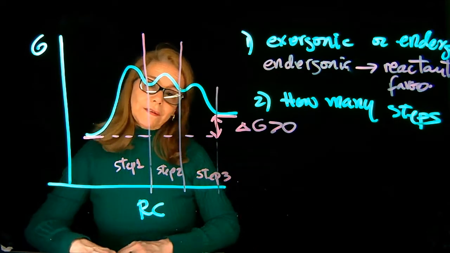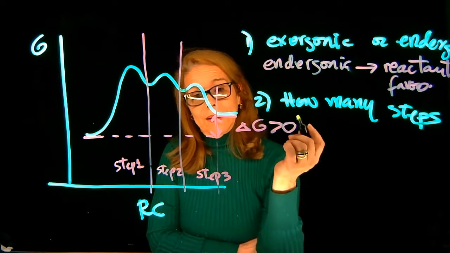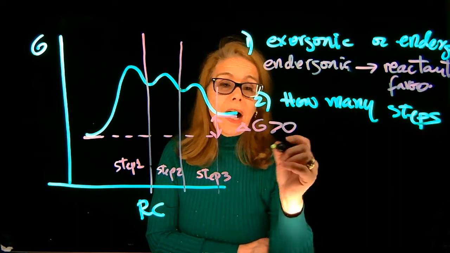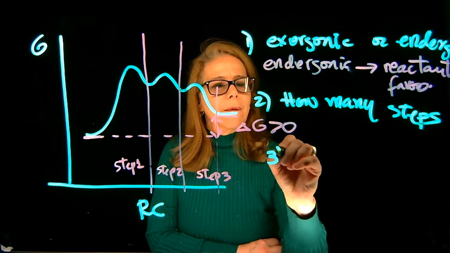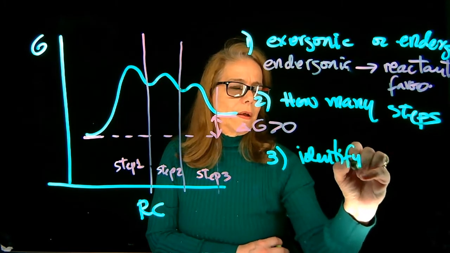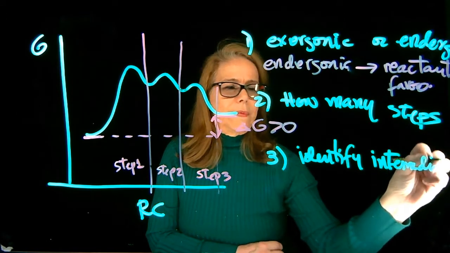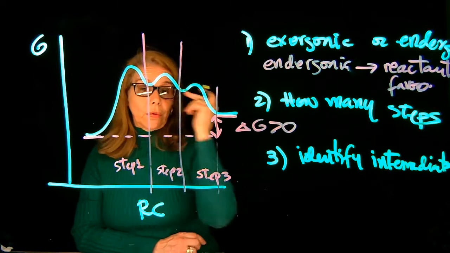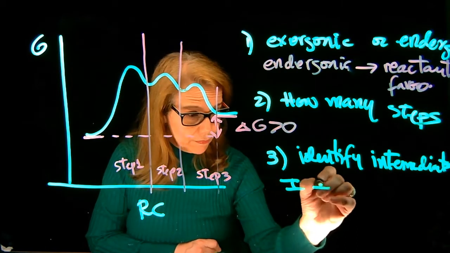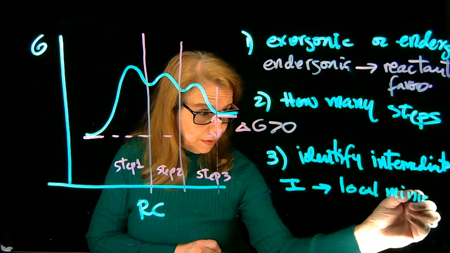You can also be asked to identify if we have intermediates and how many intermediates. Remember, intermediates are local minima in this curve.